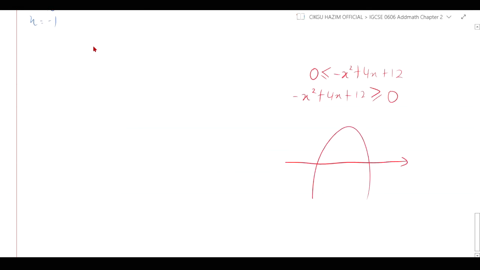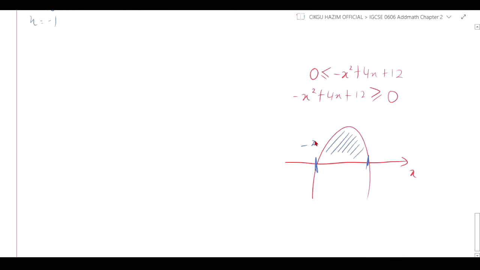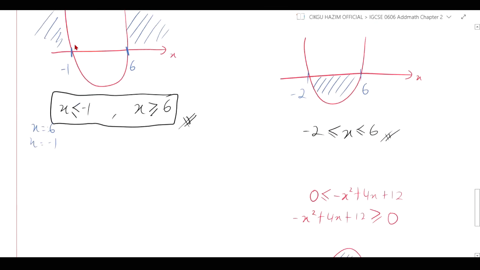If it's a frowning graph and more than or equal to, it must be between this region, because more than or equal to, the y must be positive. So your x-intercepts are the same values, -2 and 6. And your final answer is still x less than or equal to 6 and more than or equal to -2, which is the same as the one that we have on top.